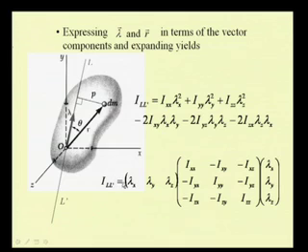So, ILL is equal to lambda x lambda y lambda z multiplied by the tensor matrix and multiplied by the transpose of this direction cosine vector, that is the column vector lambda x lambda y lambda z. If you multiply this and simplify it, you will get this same equation.